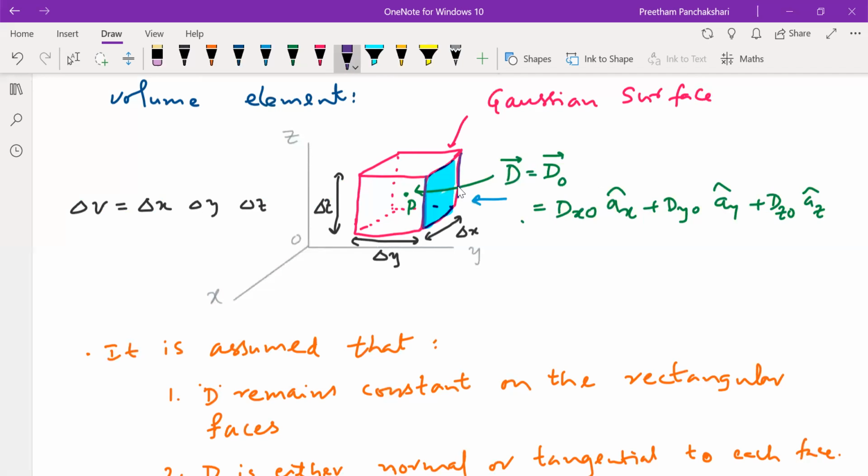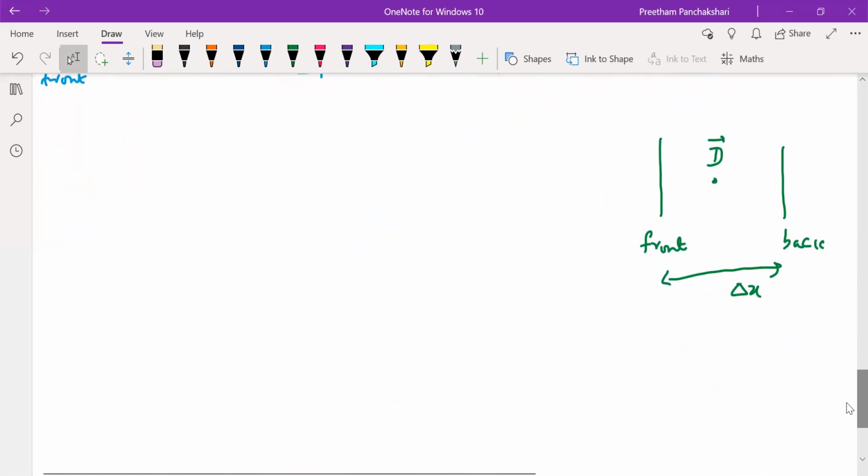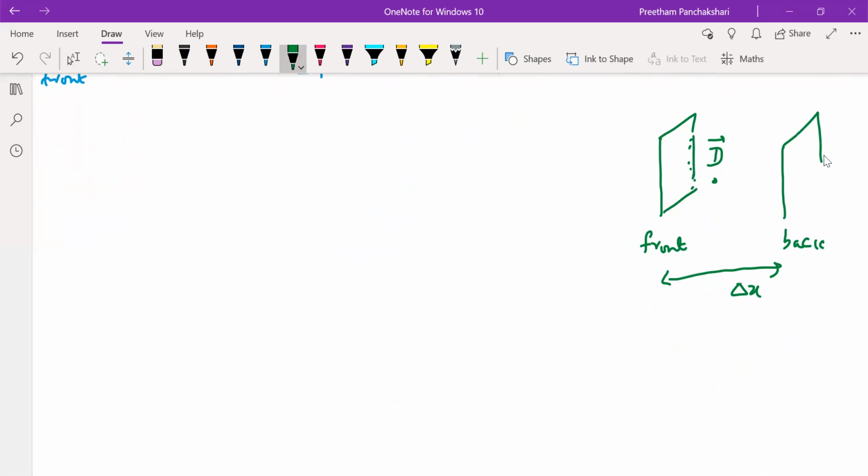Visualize this one inside this. The front face is there somewhere. This is our front face, and this is the back face. The distance between these two is there. At the center point, D is here.